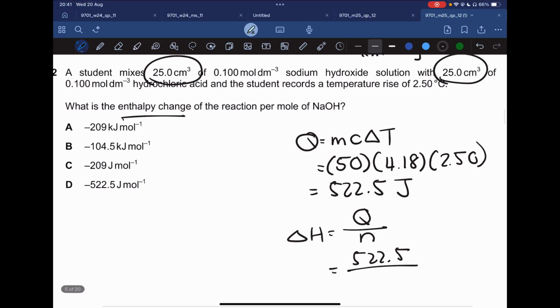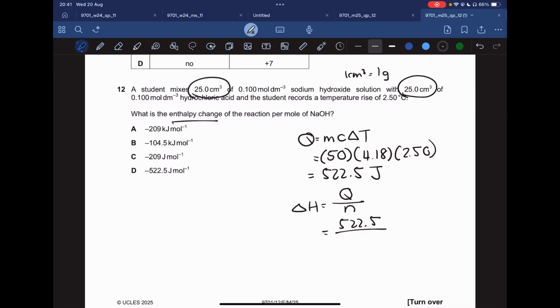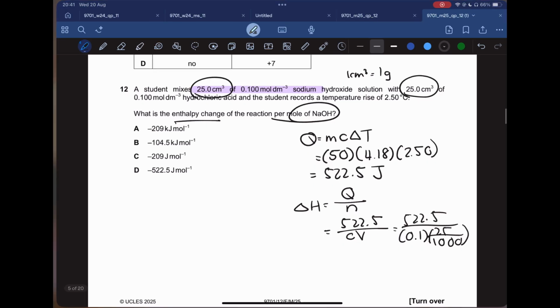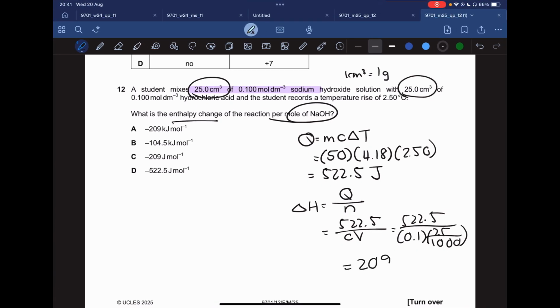What is n? n is the moles of your sodium hydroxide, so we're actually looking at just this part here. n equals cV, so this is the concentration 0.1 times 25 divided by 1,000, and we get our answer to be 209,000 joules. This is a temperature rise, so it had to be negative, and that's the wrong one. We're looking at kilojoules.